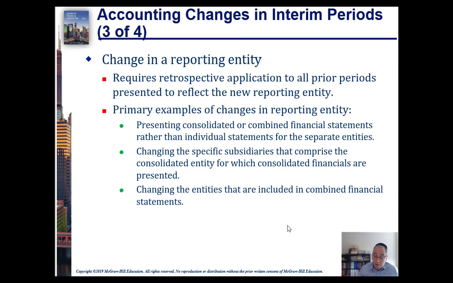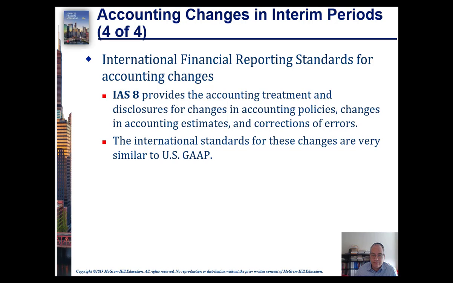Of course, if you acquire an entity on a certain date, and it's consolidatable, then you would start consolidating as of that date. IFRS in these cases is very, very similar to GAAP reporting in the US.